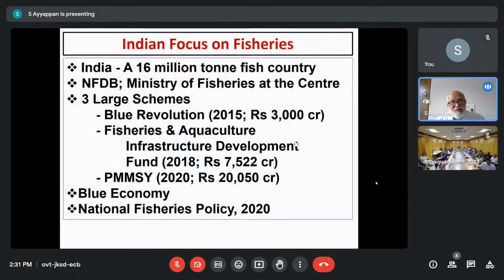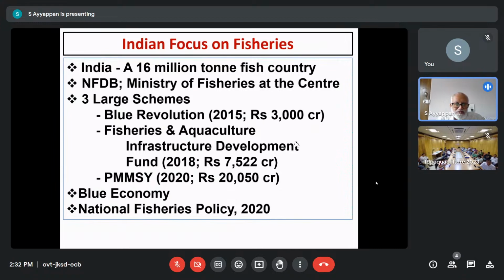Now, what happened in the last 7 to 8 years: one point is that we are a 16 million ton fish country. Second is the formation of the National Fisheries Development Board on the lines of the NDDB. Third is the Ministry of Fisheries. We never had a Ministry of Fisheries in the central government. Now it is the Ministry of Fisheries and Animal Husbandry; earlier it was part of the Ministry of Agriculture.